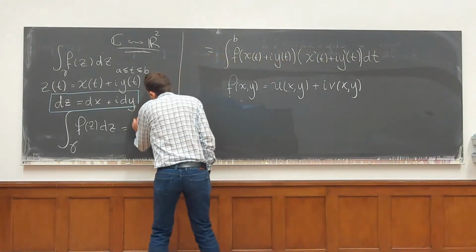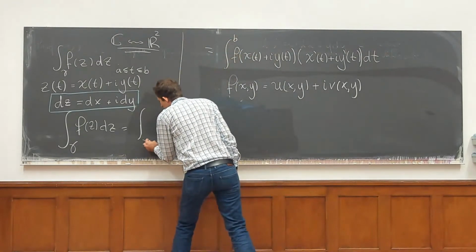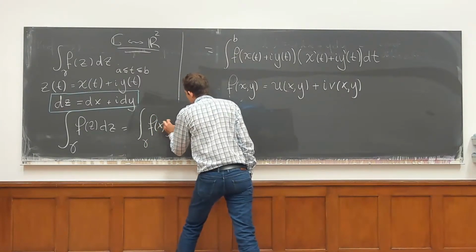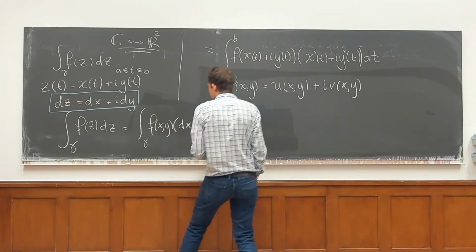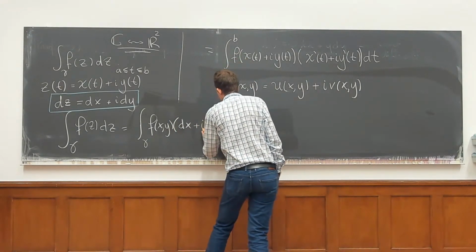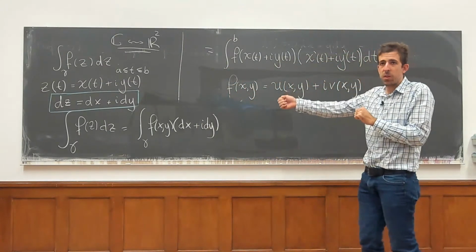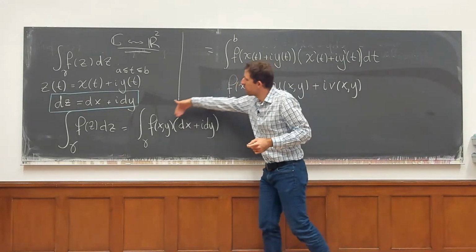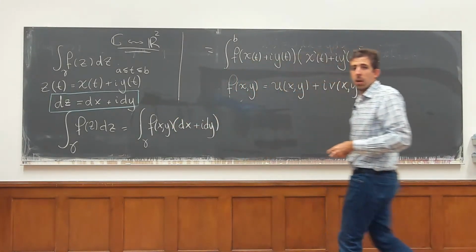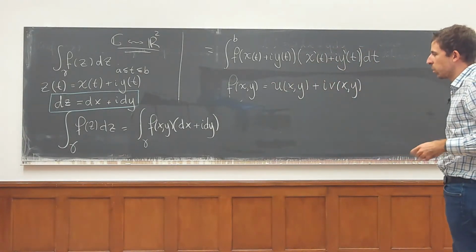So this is now, I can view this as the integral of f(x,y), in exactly that language that we justified before. In the sense that if I parameterize the curve, I write my integral in terms of dt, where dx dt is x prime and dy dt is y prime.